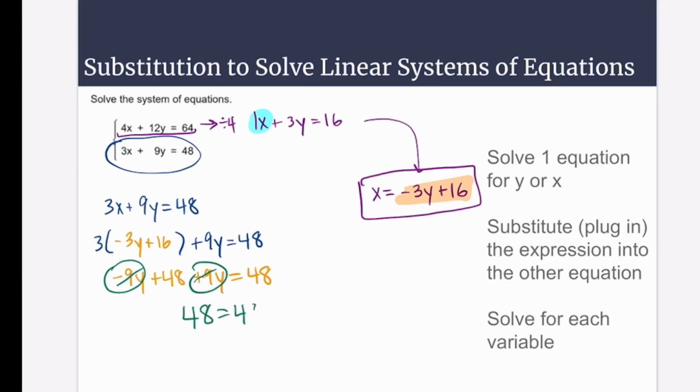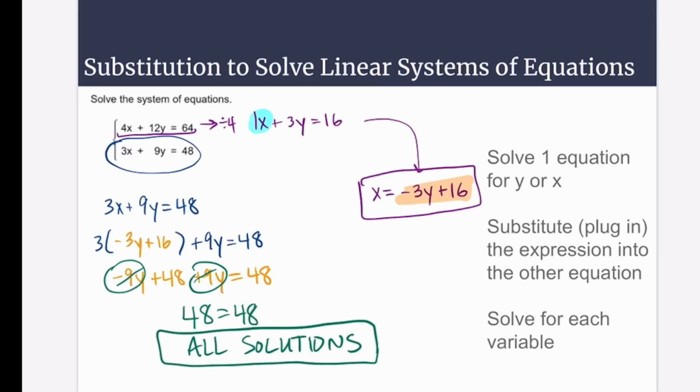48 equals 48. So this is something from way back when you solved linear equations. Hopefully you remember this. I do have a video on this, so you can check my stuff and this will be explained. This is all solutions. So anytime you solve an equation and there is no variable, there's either all solutions or no solutions.